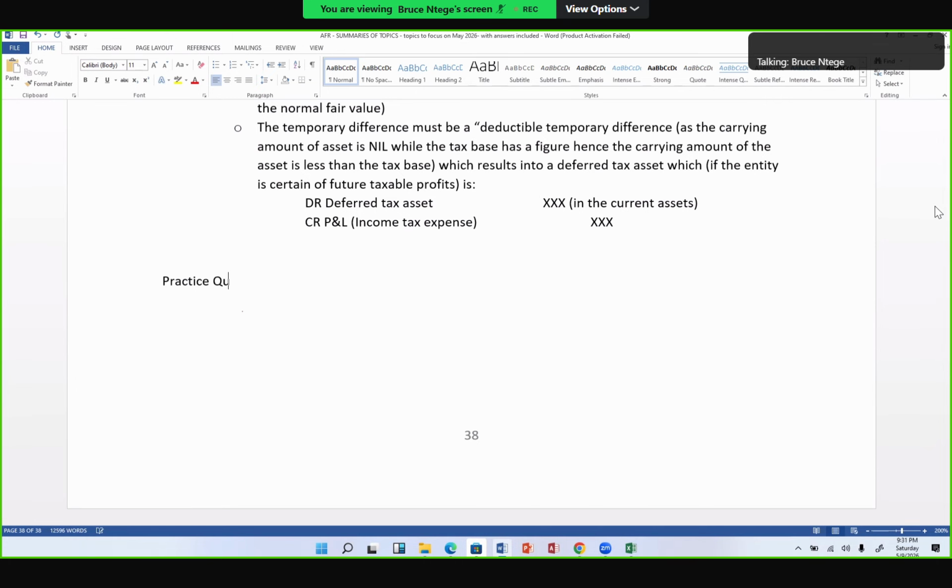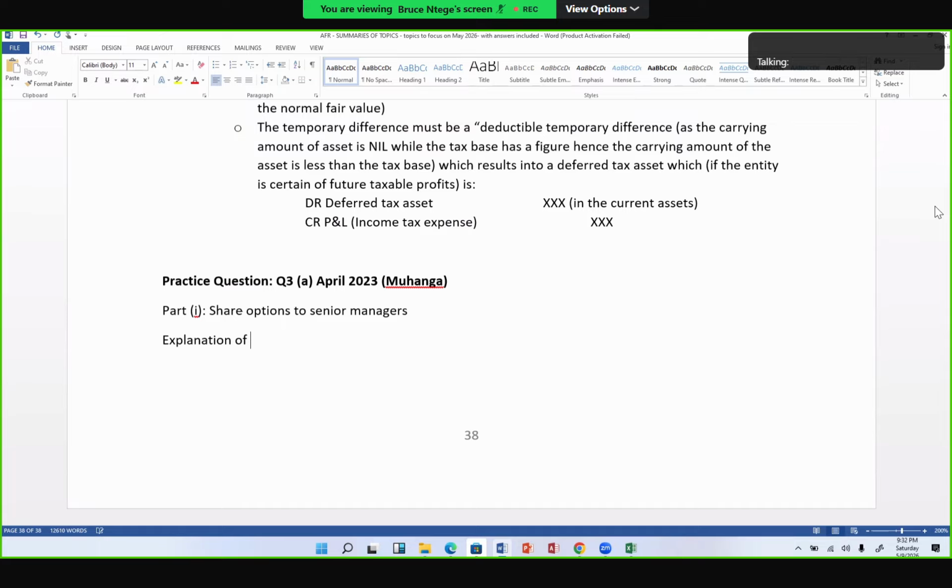Okay, I'll talk about it later. So I'll talk about the accounting treatment. Remember that the question is about an explanation of the accounting treatment of these share options. Okay, starting with the grant date.